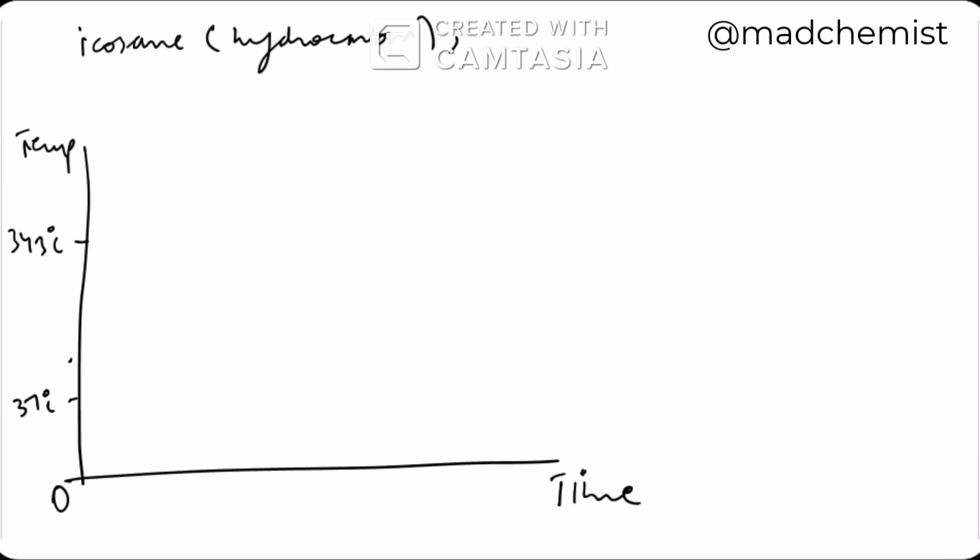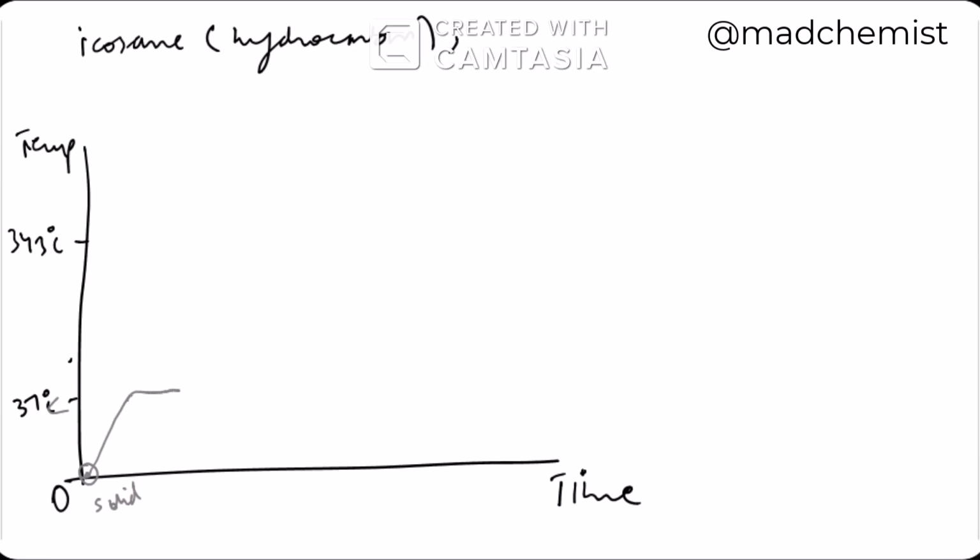So when icosane is present at 0 Celsius, it is in solid form. As the temperature rises and reaches 37 Celsius, these solids start converting into liquid form.